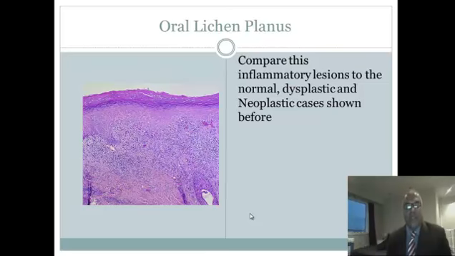However, it's difficult to distinguish between an inflammatory lesion and a neoplastic lesion just by the naked eye, unless it's an advanced lesion.